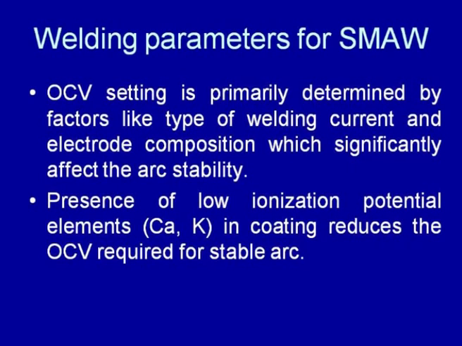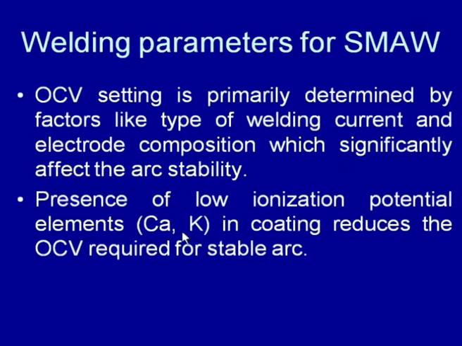Similarly, if the electrode has a large amount of low ionization potential elements, then we can work with a lower OCV, and if their percentage is very limited, then a high OCV needs to be set, so that the arc can be restruck easily when it is passing through the zero current value. Otherwise, the arc will have a tendency to get extinguished, and therefore, if we do not set the OCV properly for a given welding current and electrode composition, it can create the problem of poor arc stability.